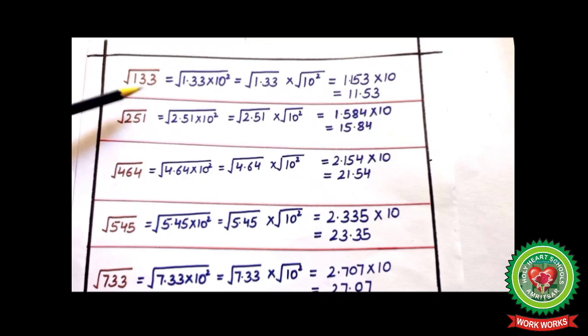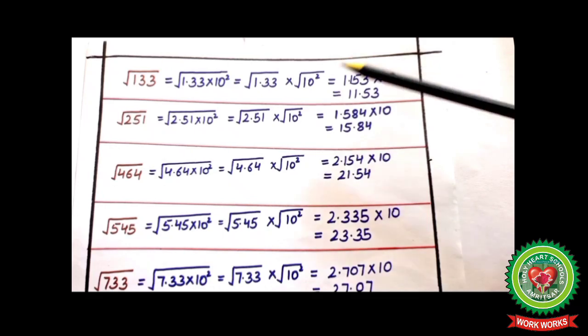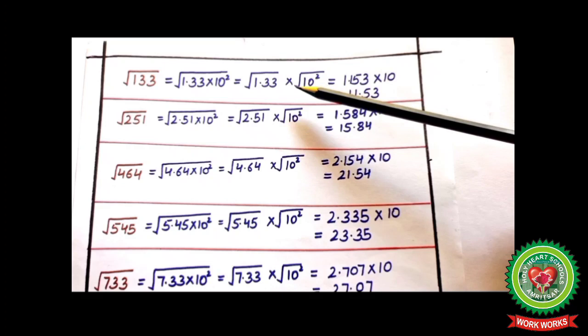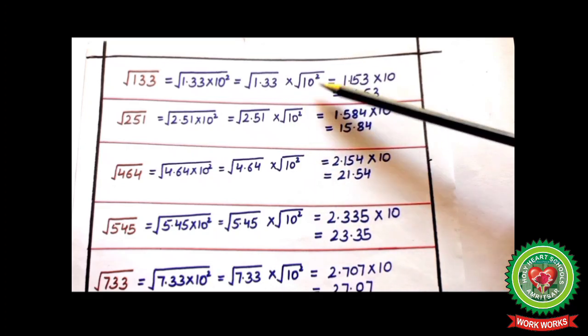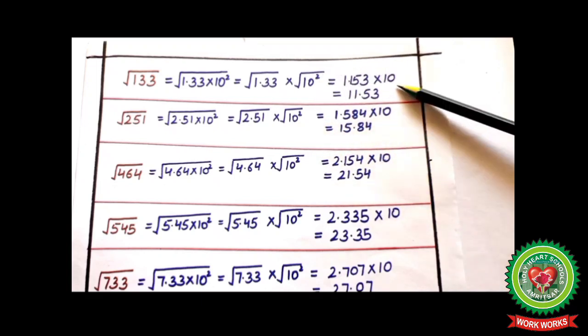In the next step, under root 1.33 multiply 10 square. After shifting the decimal, 1.33 will come. Now in the next step, we separate the square root. Square root of 1.33 multiply square root of 10 square. So square root of 10 square is 10 only.